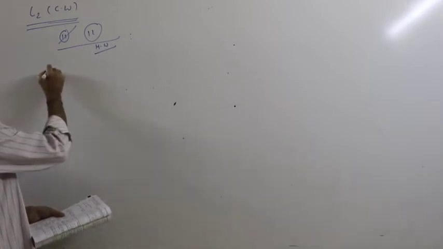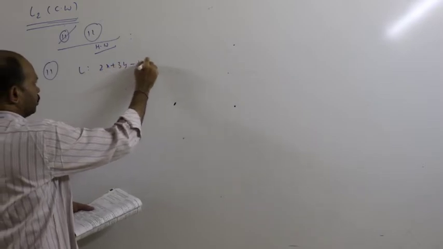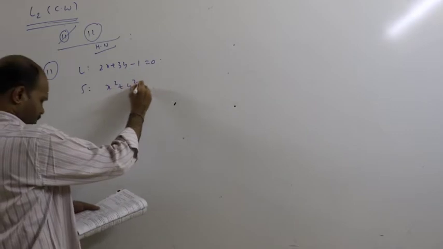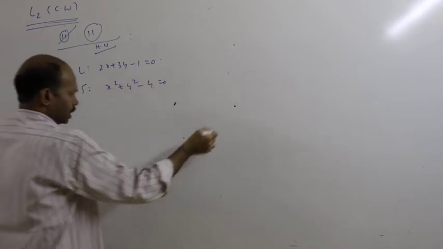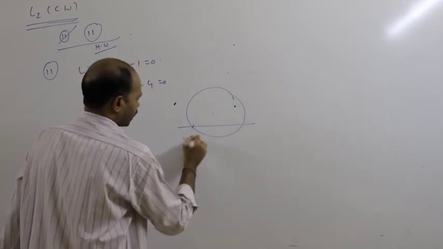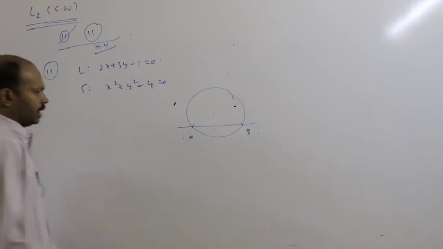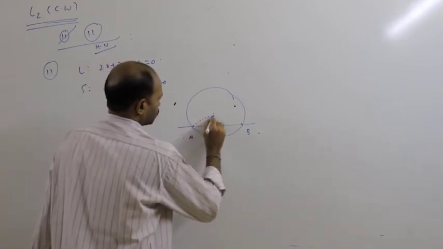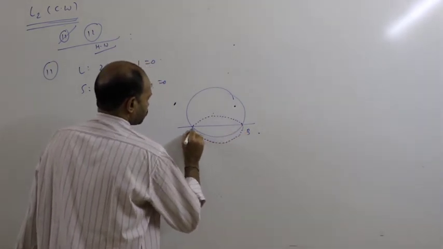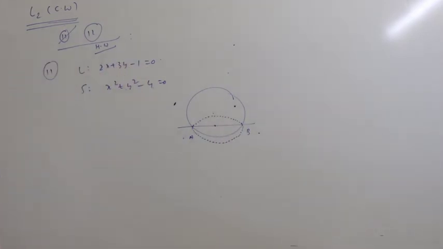The given line in the 11th one is 2x plus 3y minus 1 is 0, and the given circle is x square plus y square minus 4. The circle and the line intersect at different points, say A and B. Then find the equation of the circle with AB as diameter.